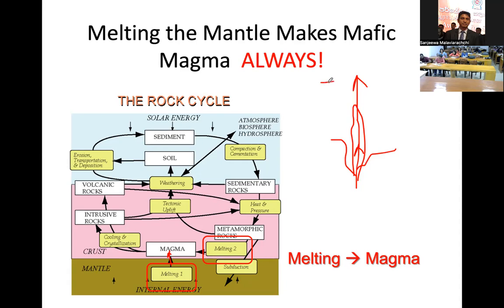You have a different temperature here with respect to the original temperature, maybe T1 here, and at the zone of melting it may be T. Usually when it comes to shallow levels, temperatures are low.